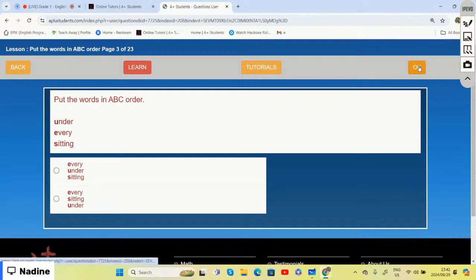Then we also need to put these words in order, which is under, every, sitting. All right, so we have under, every, and sitting.